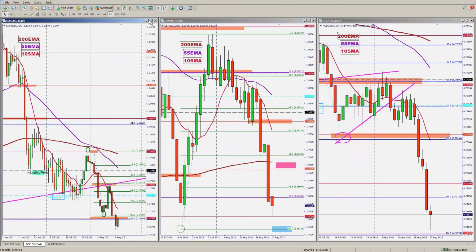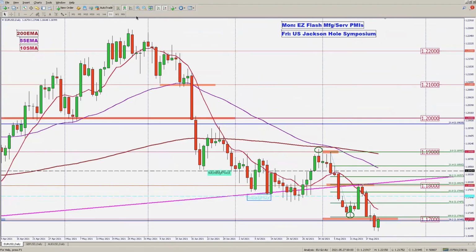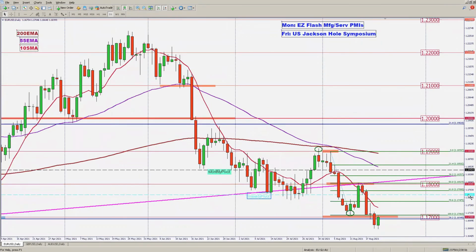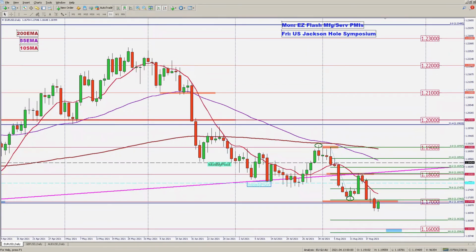And then for the euro, it's already attempting to pull back, so that should be support where the weekly pivot was last week.